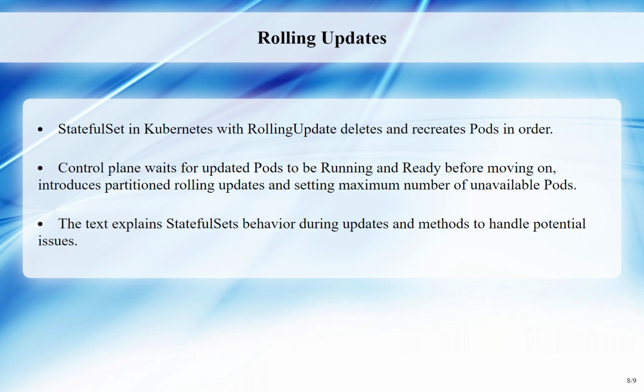In such cases, manual intervention is required to repair the StatefulSet by reverting the template to a good configuration and deleting any pods that were already attempted to be run with the bad configuration. Overall, the text provides an in-depth explanation of how StatefulSets behave during rolling updates and how certain configurations can be used to control the update process and handle potential issues that may arise.